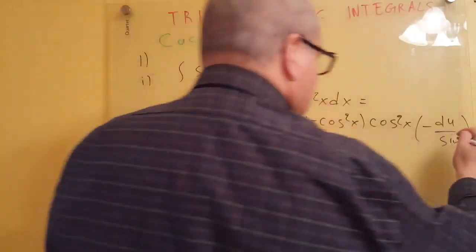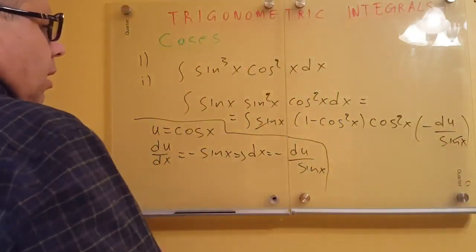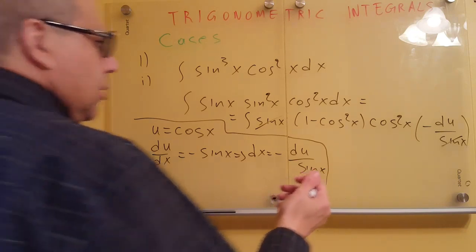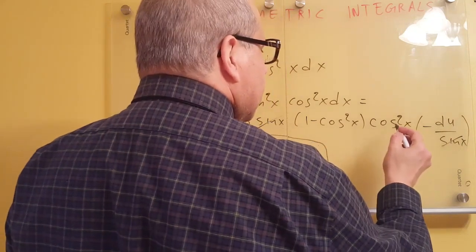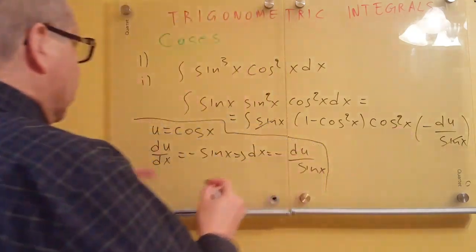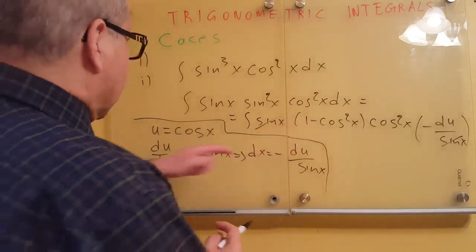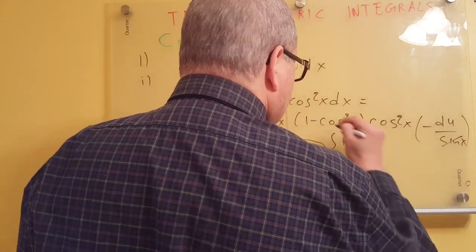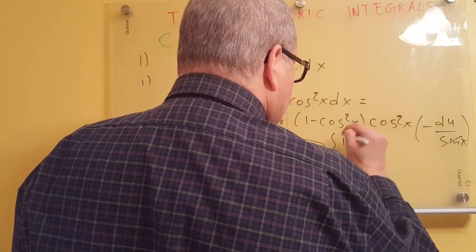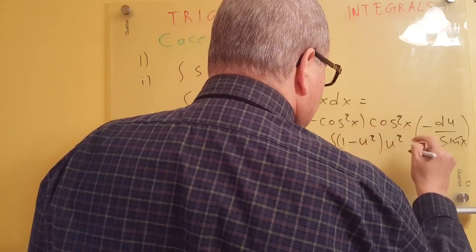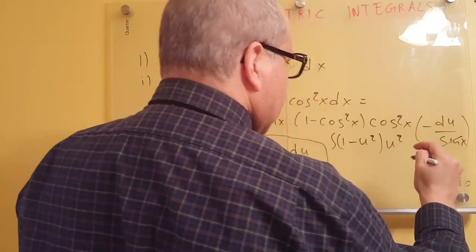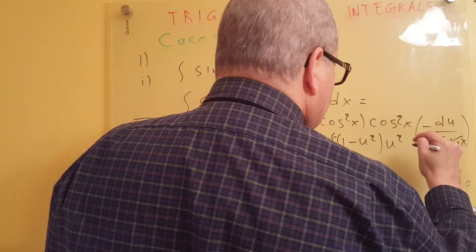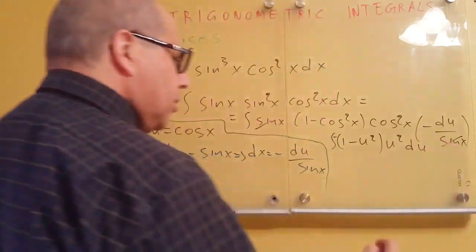So now this with this cancels, and what do we have? We can go directly and substitute whatever cos x equal with u, so that means that we will have 1 minus u square times u square times minus 1, so we can put the minus here, and of course this is with respect to du.